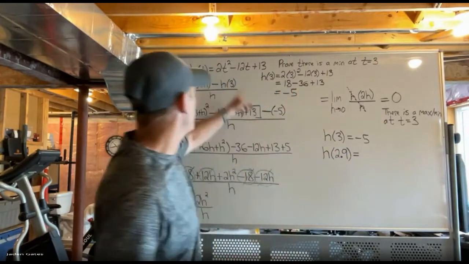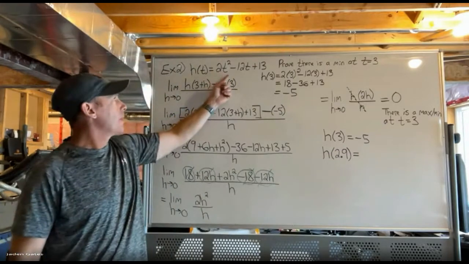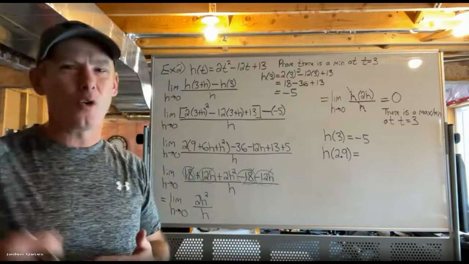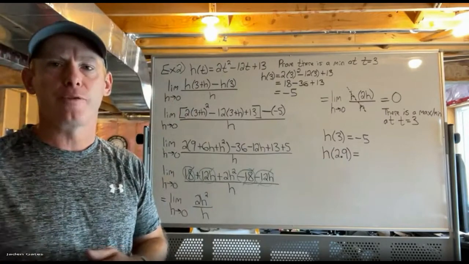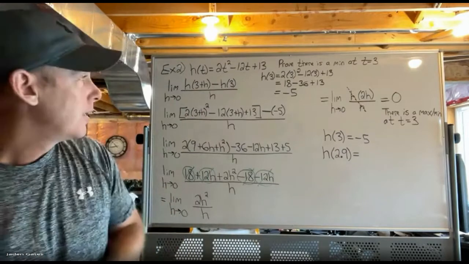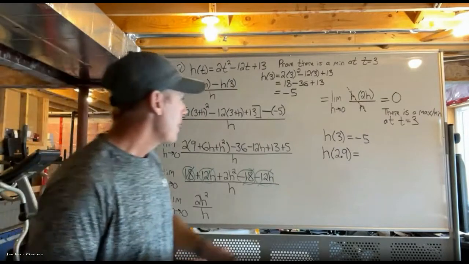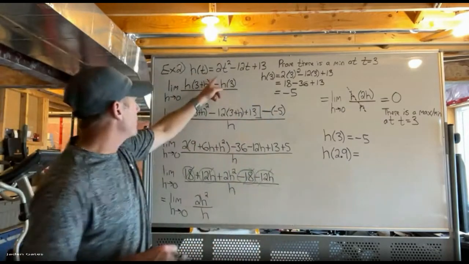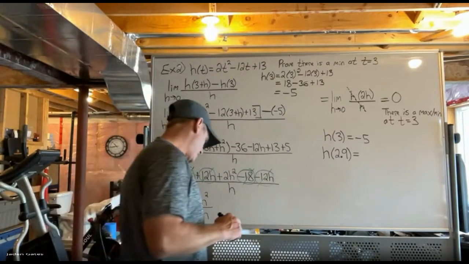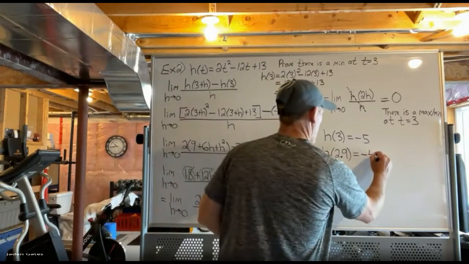All right, so I substituted 2.9 because it's just before 3. Usually you want to do a tenth. You don't want to go up. I think the last example I did 0.25 difference. Usually you want to stay within 0.1 or 0.01. All right, so very small amount. So I did h of 2.9. I used my graphing calculator, and I plugged it into the equation. And I got negative 4.98.